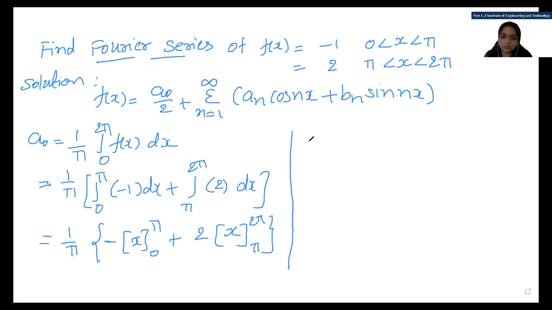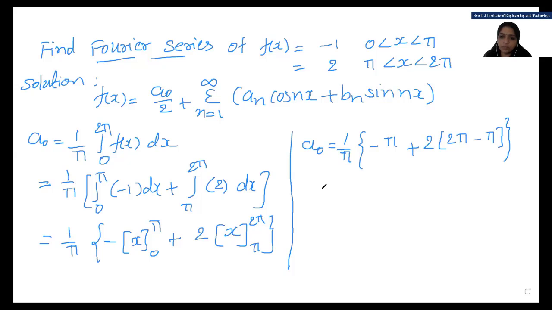Now a0 is equal to 1 by pi, right? And after substituting upper limit minus lower limit, pi minus 0, that is just pi, so minus pi plus 2. Here if we substitute upper limit minus lower limit, that is 2 pi minus pi.